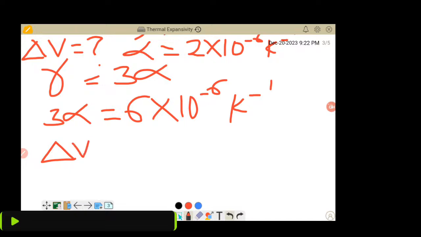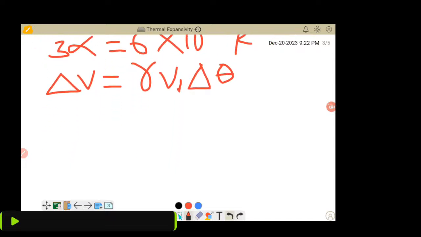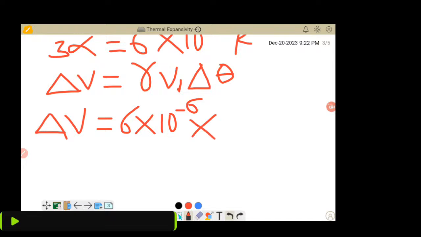From the introductory part of the question, we've seen that delta V will be equal to gamma V1 delta theta, and this makes us have our delta V equal to, our gamma is 6 multiplied by 10 raised to power minus 6, and our V1 according to the equation is 100, and our delta theta is equal to 40.